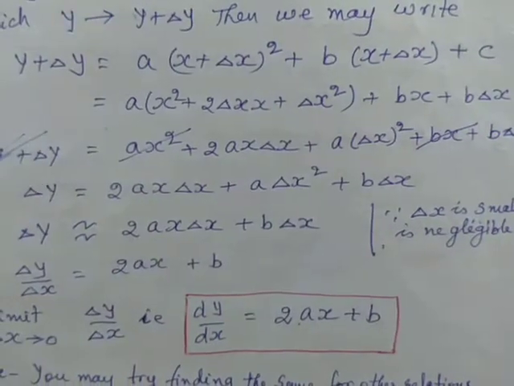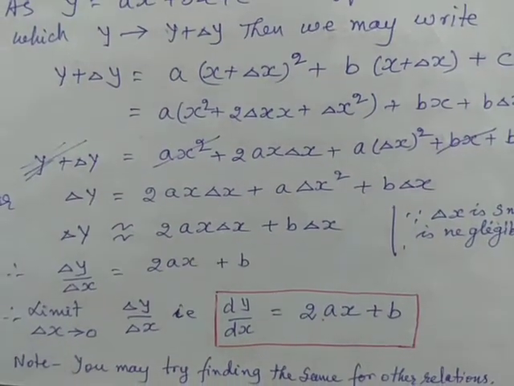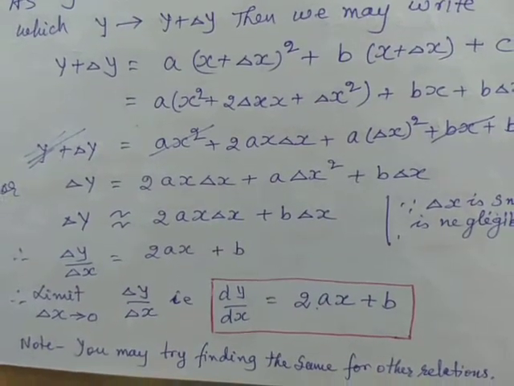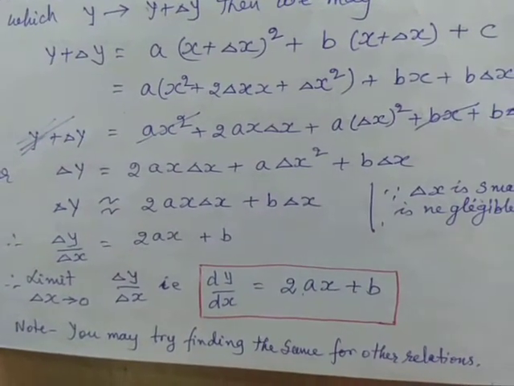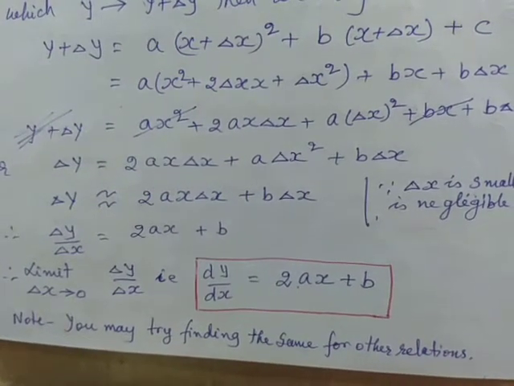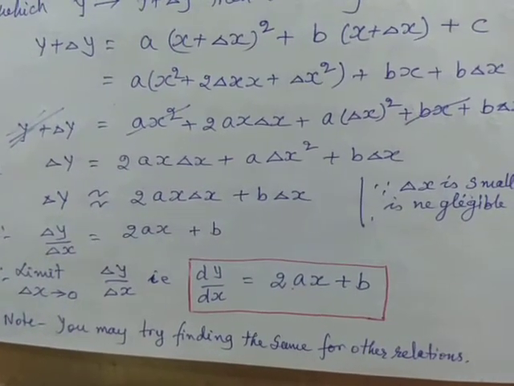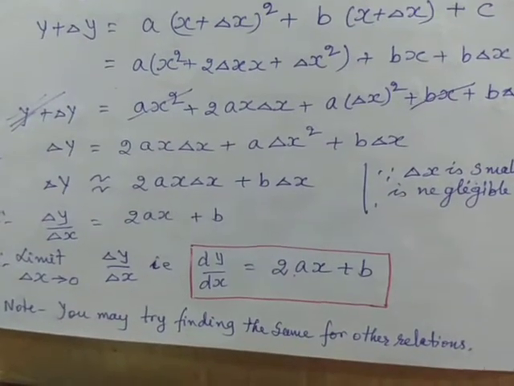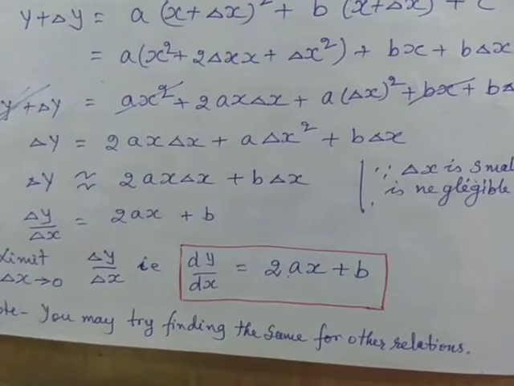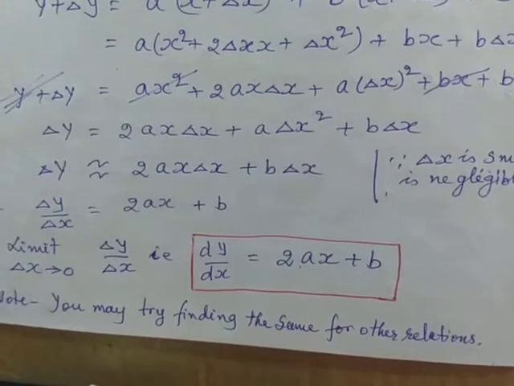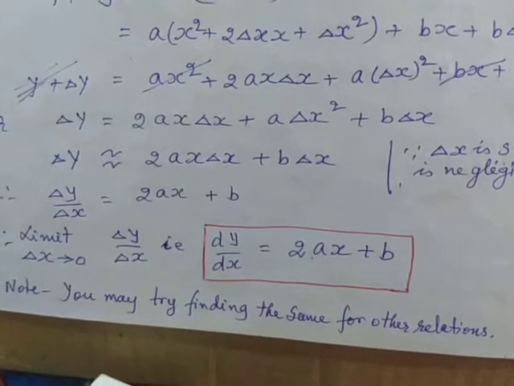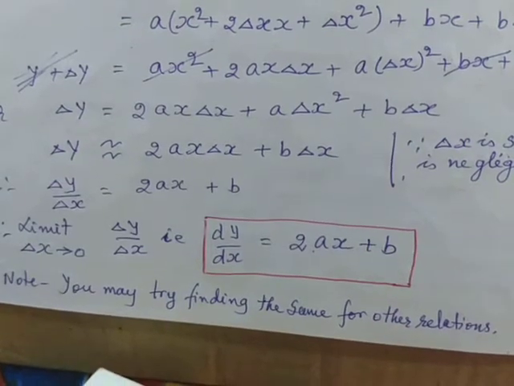What we see is that delta y becomes 2a x delta x plus a delta x square plus b delta x. Since delta x is infinitesimally small, the square of delta x will become even smaller. So we neglect the term a delta x square. As a result, delta y is nearly equal to 2ax delta x plus b delta x.